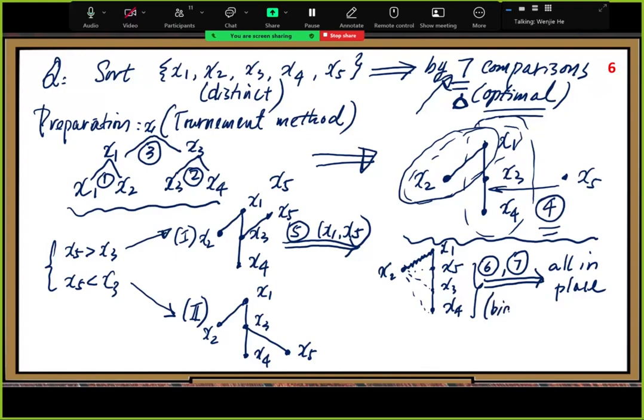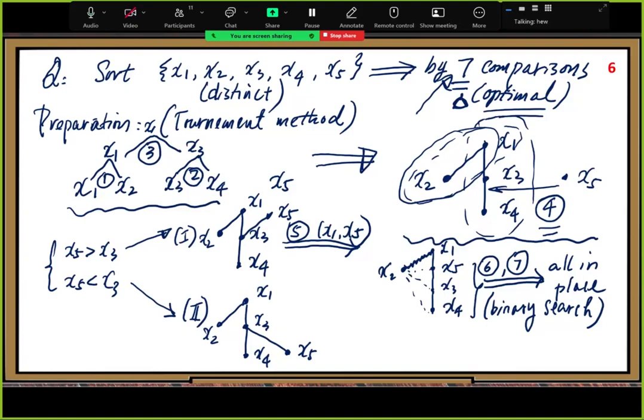So here you can see it's very important to use the binary search idea when you do comparisons. What is the best, fastest way to do comparisons? When you have an ordered chain, the binary search is the best way to do the comparisons. All right, so that's the first case.